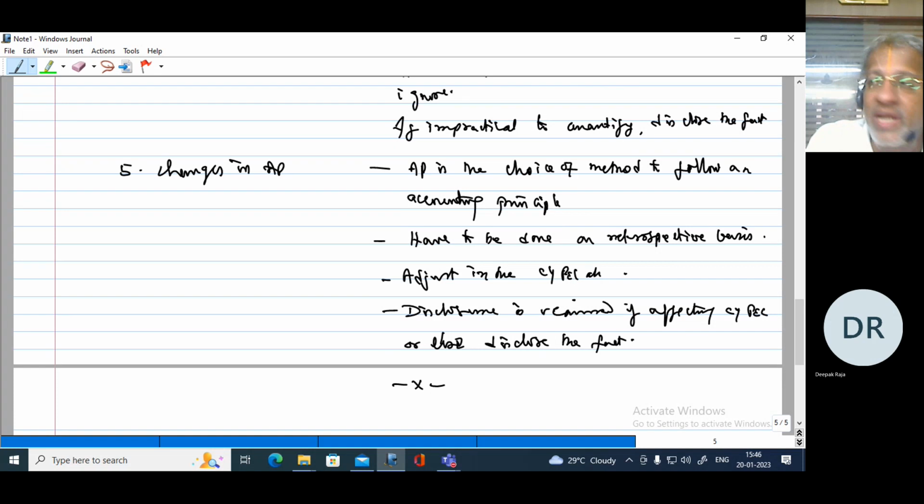What will happen is that when I am putting the NRV as the value for the inventory, where cost is say 100, NRV is 90, 10 rupees loss I will be booking. The reader will understand that I booked cash loss. Actually, it is not cash loss. It is only valuation loss.